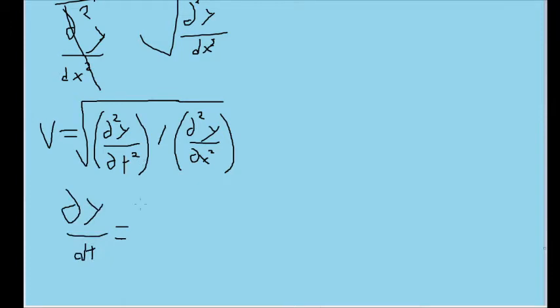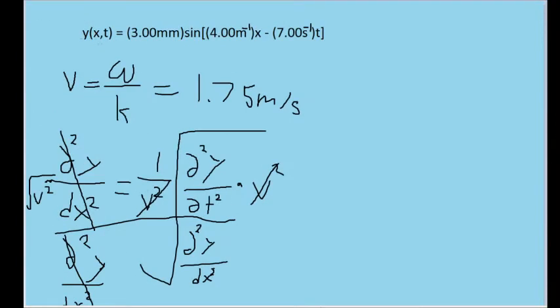First, let's find the first partial derivative of y with respect to t. So let's solve this derivative here. You want to take the derivative of this wave function we're given here with respect to t, where t is the variable of differentiation.